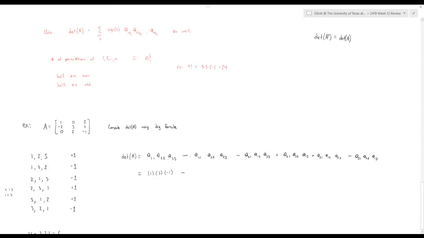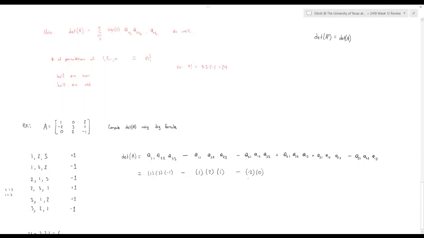Let's see here, we have A11, which is 1. A32, third row, second column, is 2. A23, second row, third column, that's a 1. Let's see here, this one, A21 is -2. A12 is 0.